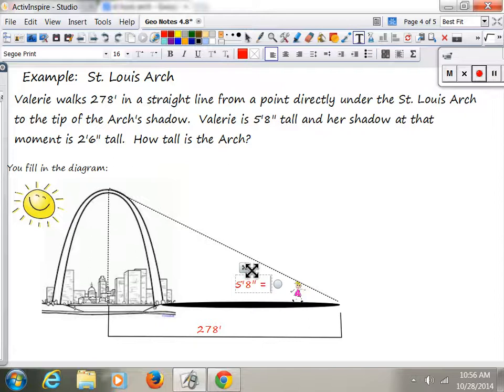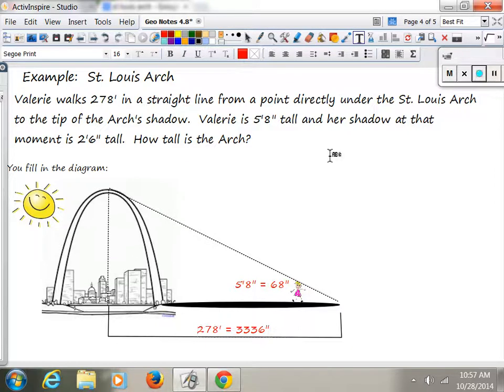Total inches, 5 feet 8 inches is 68 inches, right? 278 feet, let's put that into inches. 278 times 12 is 3336 inches.